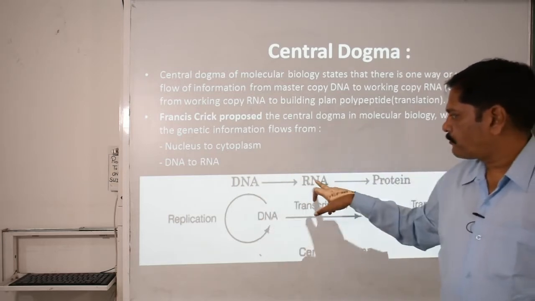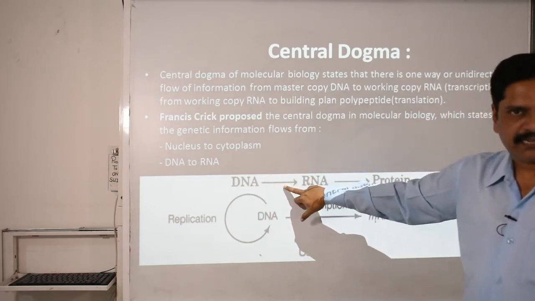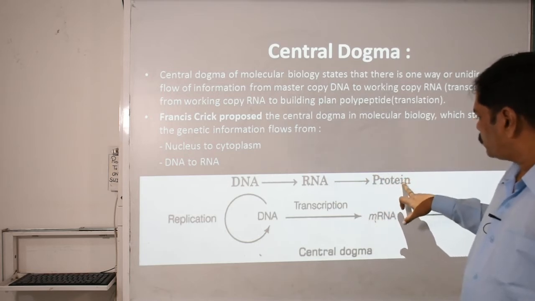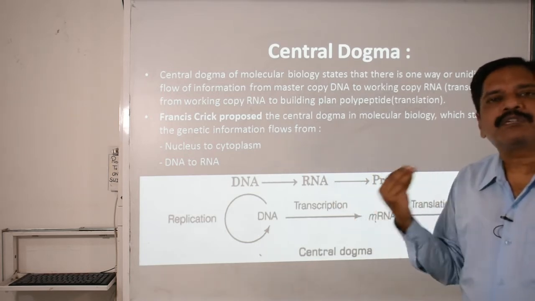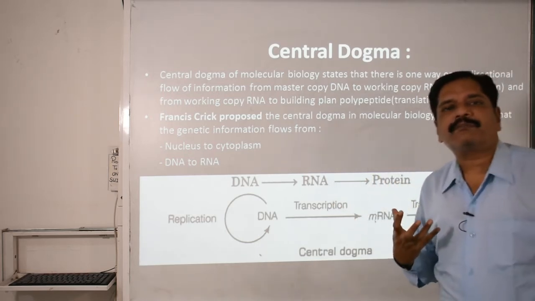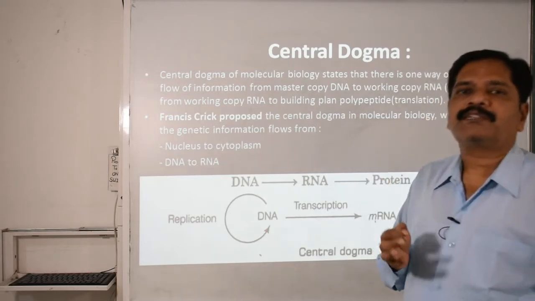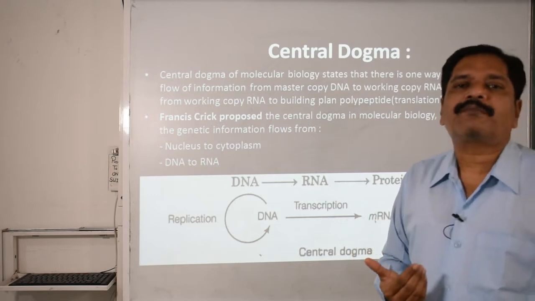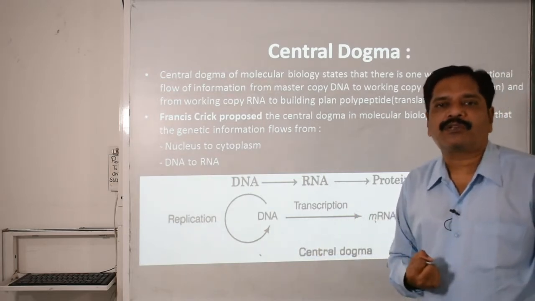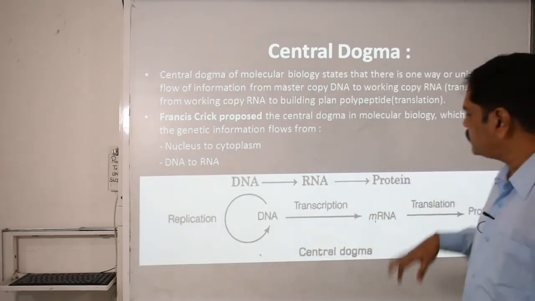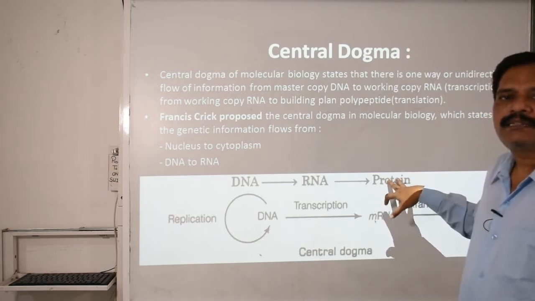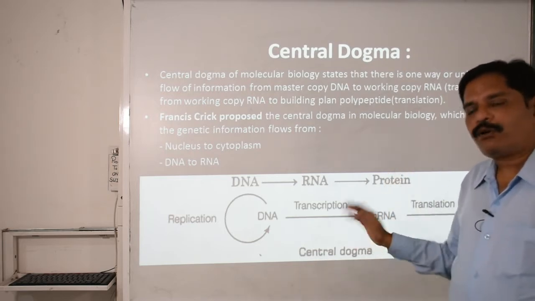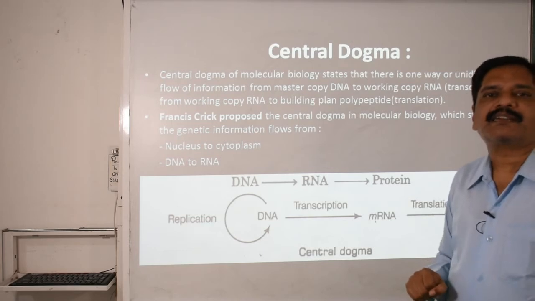So the formation of RNA from DNA is called transcription, okay, and sometimes the protein is complicated. Complicated protein means what? When the protein is not composed of a single polypeptide chain, more than one polypeptide chains are constituting this protein molecule, then we call it a complex protein, and it is either polypeptide chain or protein, and this process is called translation.